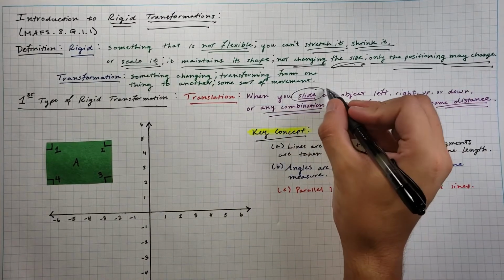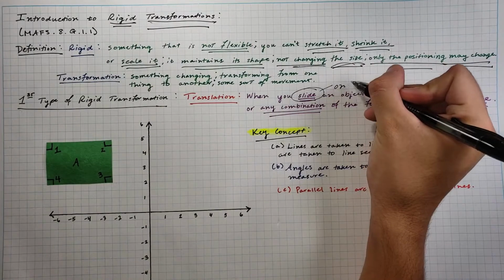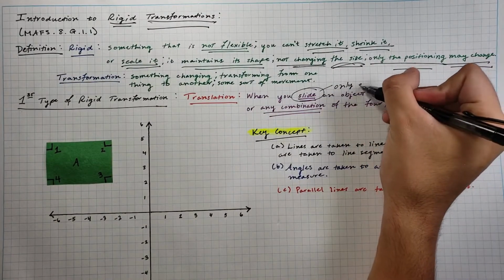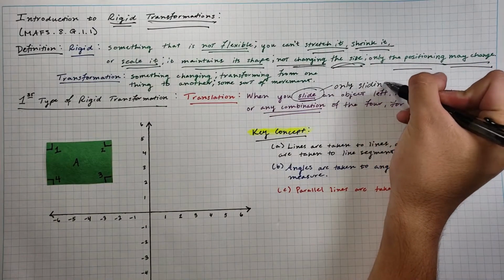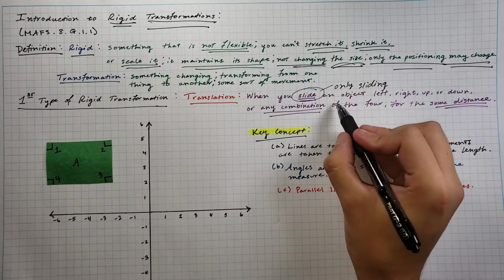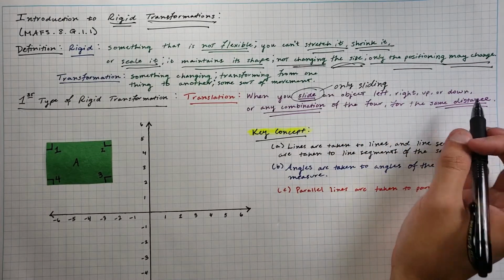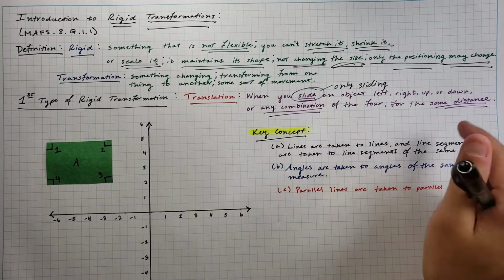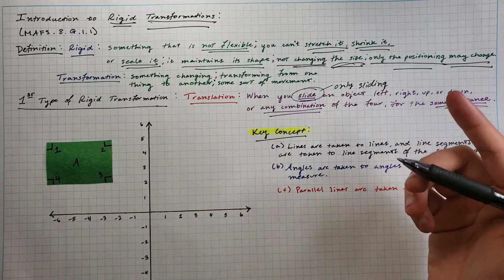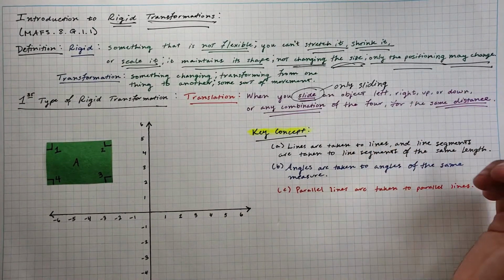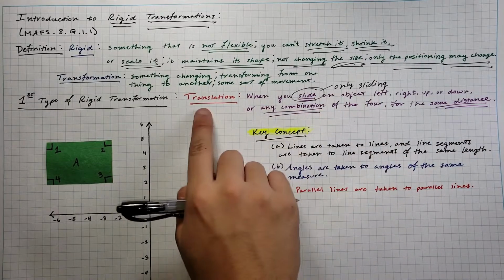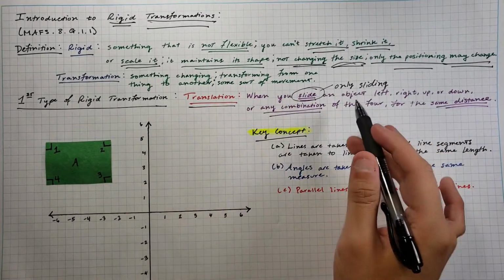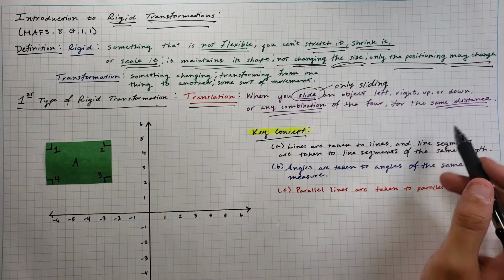We're only sliding an object left, right, up, or down, or any combination. Okay, so you can combine those. You can go left and down, right, up. You can mix them up, but we're only going to be sliding for translation. Okay, for the same distance. Okay, and we'll go over that.